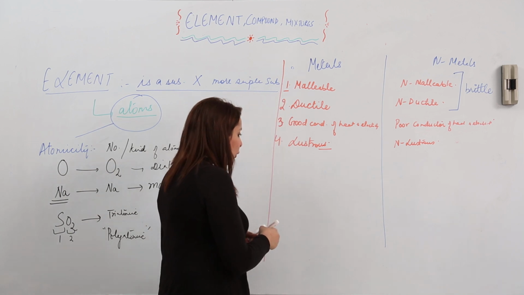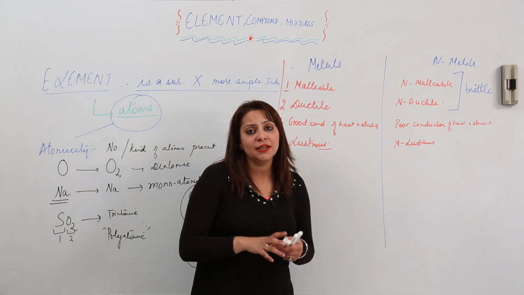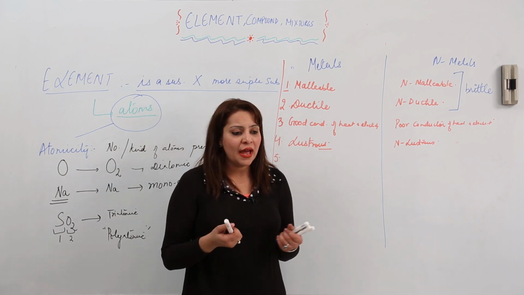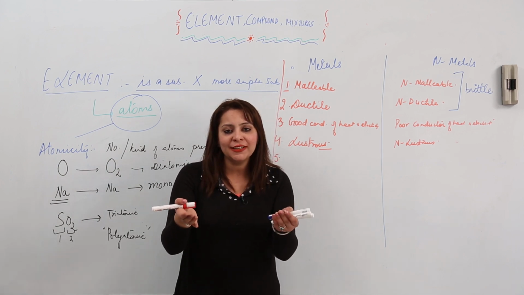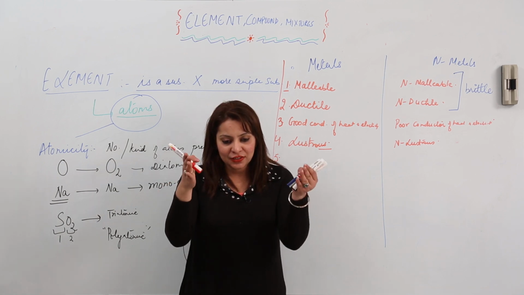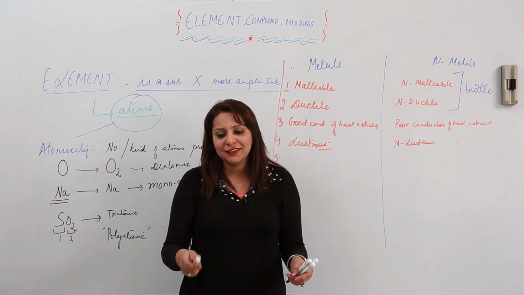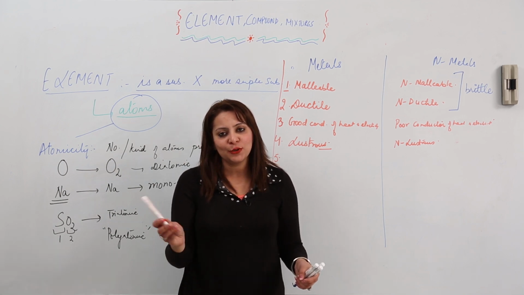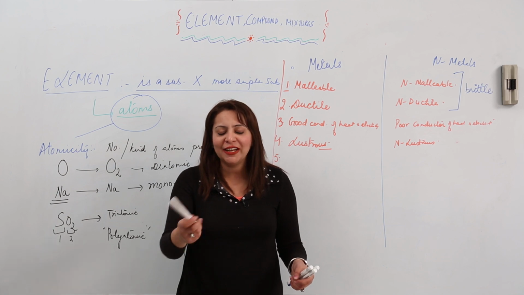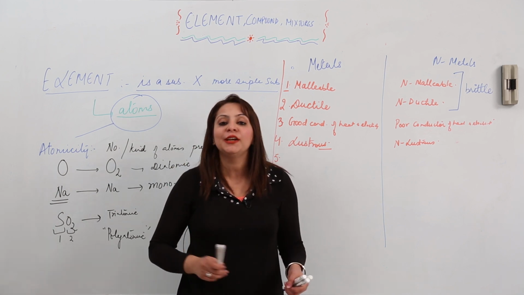And the other property which you might have noticed: if you hit a metal with anything, suppose you are sitting on a bench, you have a wooden table, and there are iron rods going down. Just hit that rod with your pencil or a marker or anything you have in mind. You will see it will produce sound. You can hear a different kind of sound.